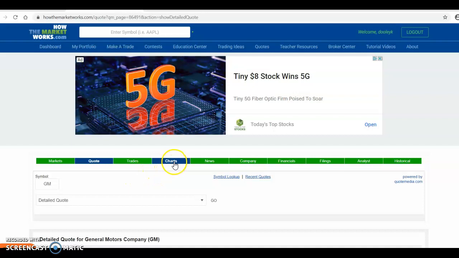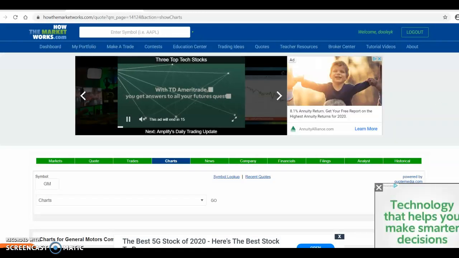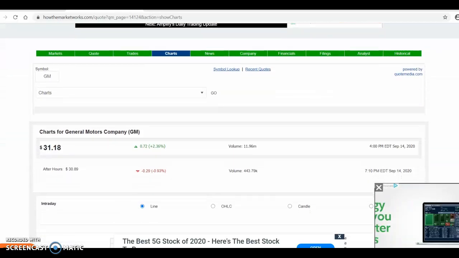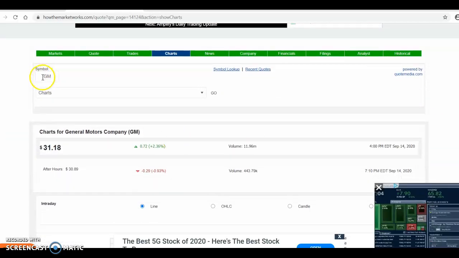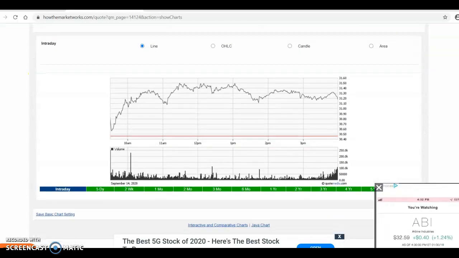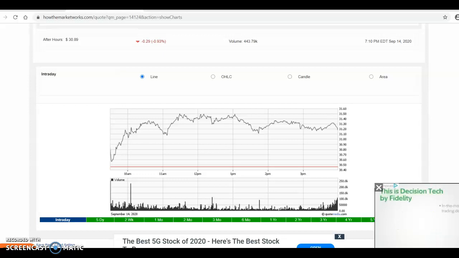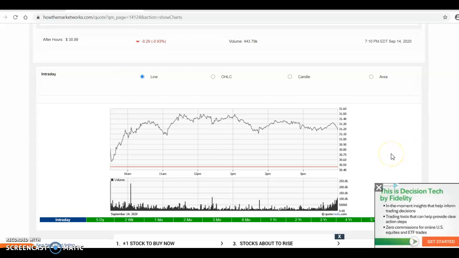Here you can also click where it says charts, and it assumes that you still want GM. If you don't want GM, then you would have to change that. Now here are the charts, and there are two charts.